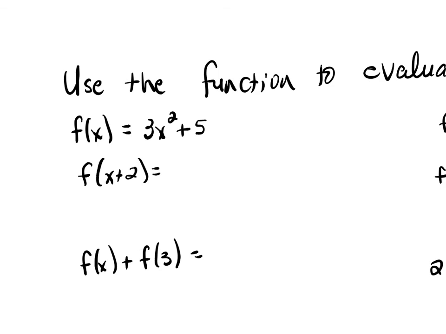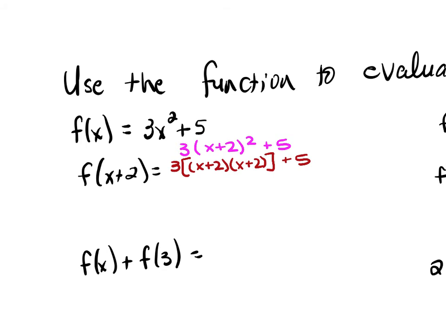So we're going to have 3 times x plus 2 squared plus 5. That x plus 2 squared you have to FOIL out. So you can rewrite this as 3 times x plus 2 times x plus 2 plus 5.